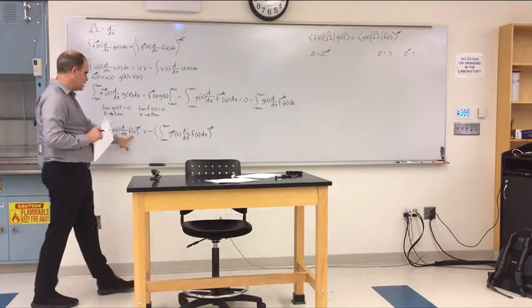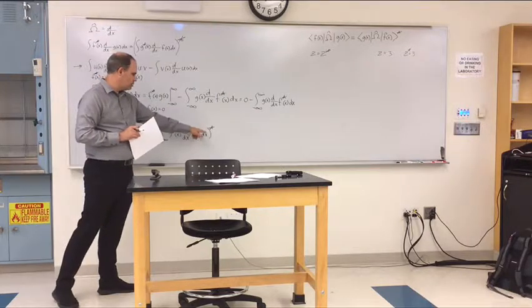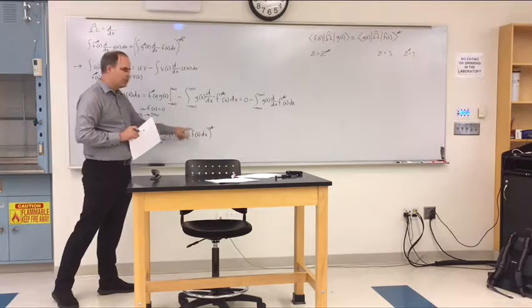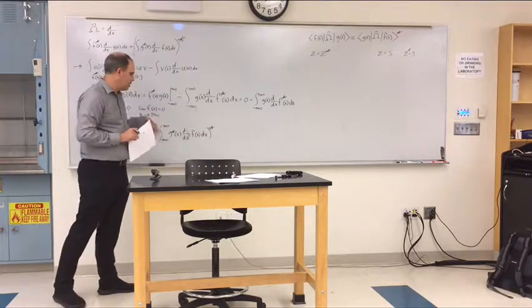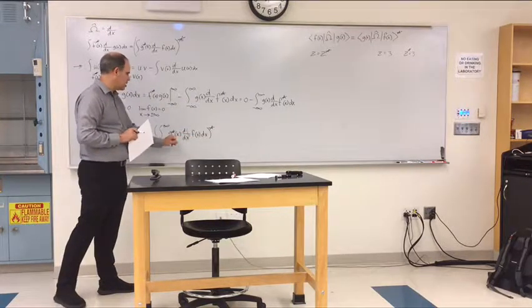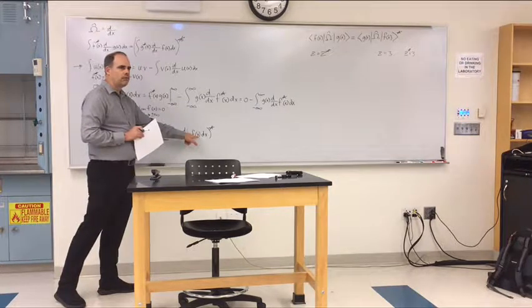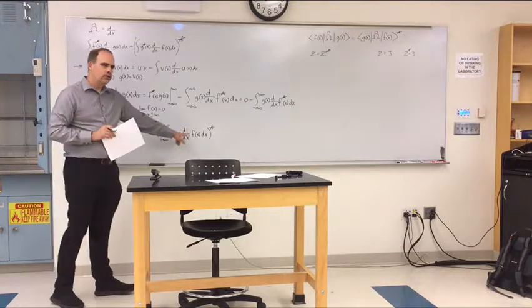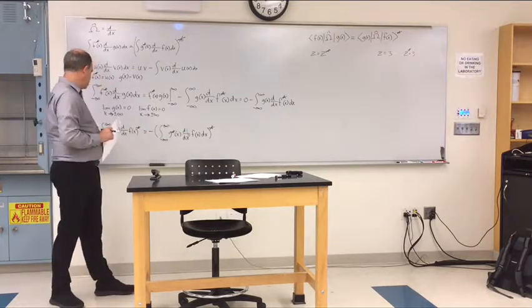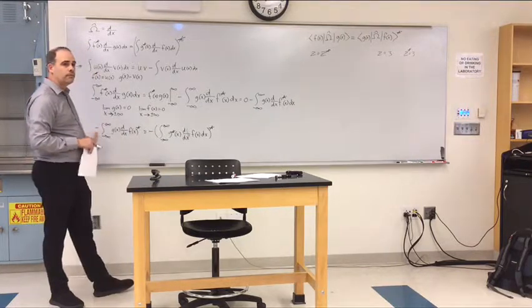This here is equal to taking the complex conjugate of what's within here. If you take the complex conjugate of the entire thing, it's the same as taking the complex conjugate of this and then the complex conjugate of that. So this part here is equal to that. The negative here is because you got a negative there.